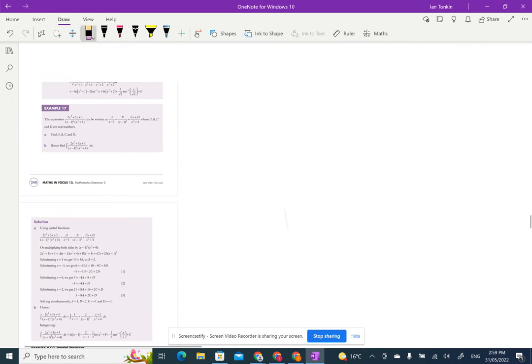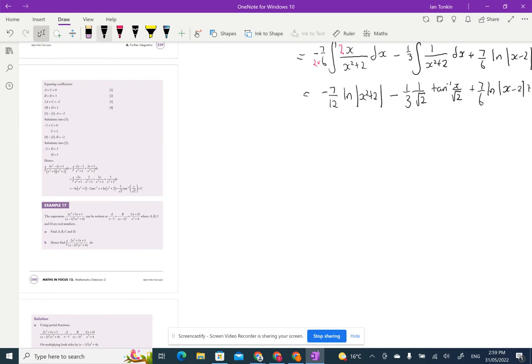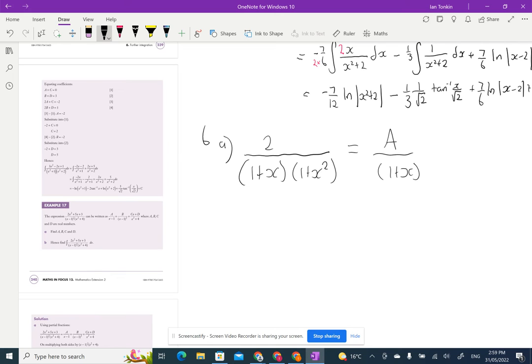Okay, so I'll do question 6 up here. So here's 6a. And I've got 2 on 1 plus x and 1 plus x squared. And I'm going to write that as a on 1 plus x plus bx plus c on 1 plus x squared.